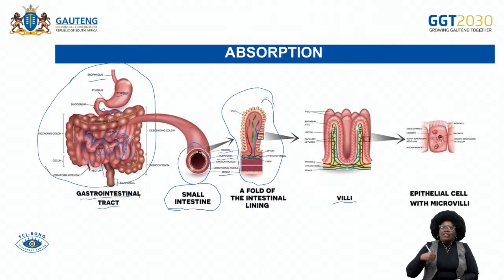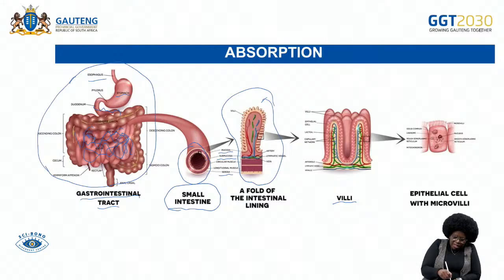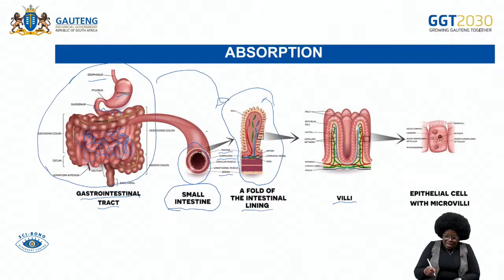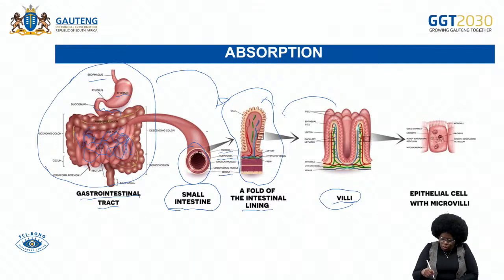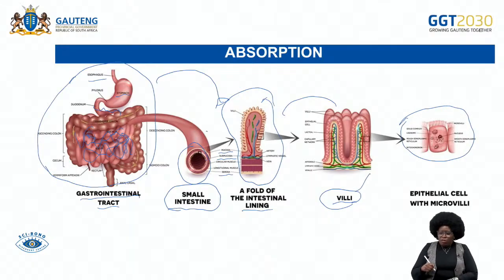Can you see the sequencing from the gastrointestinal tract to the actual small intestine to a fold of the intestinal lining, which gives us the villi? We're moving now to tapping into deeper, more detailed parts of the villus or villi, as many.